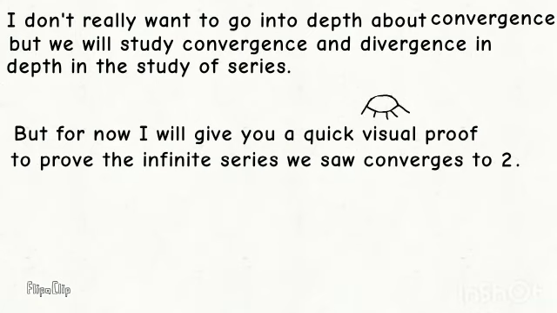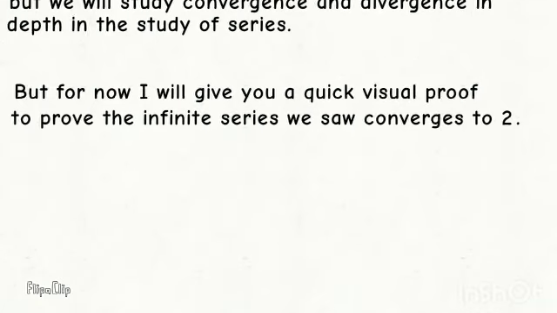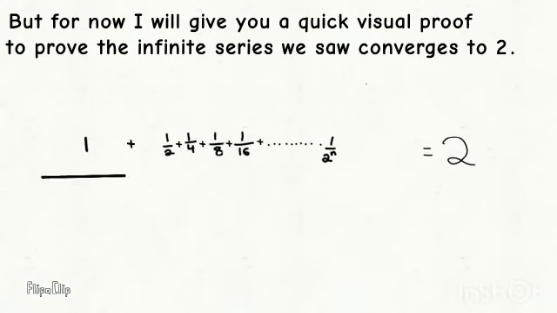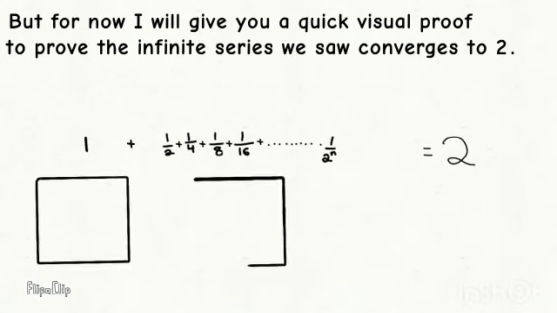For now, I will give you a quick visual proof that the infinite series we saw converges to 2. We can separate the sequence by rewriting 1 to one side and 1/2, 1/4 and on to another side, and draw a square with side length 1 for both sides we split it.